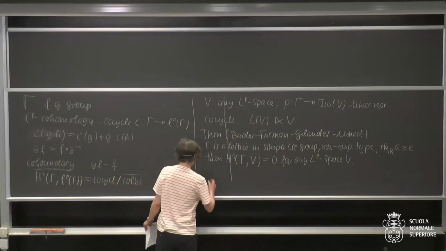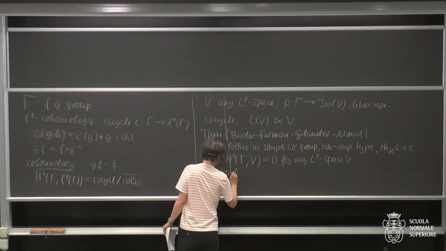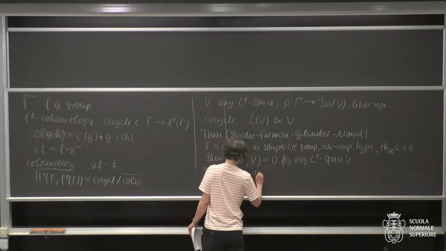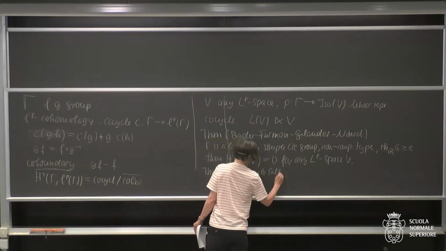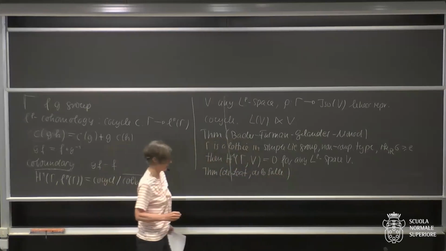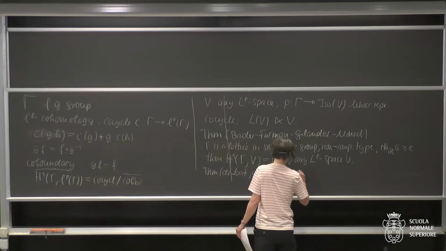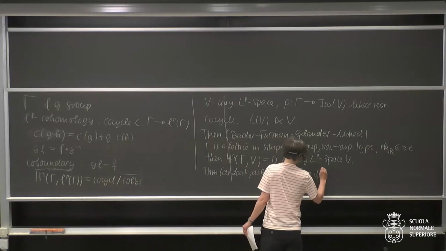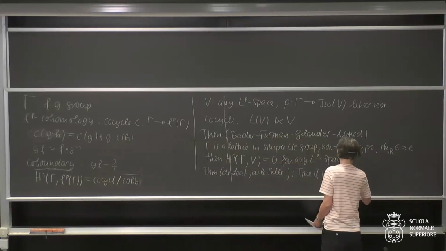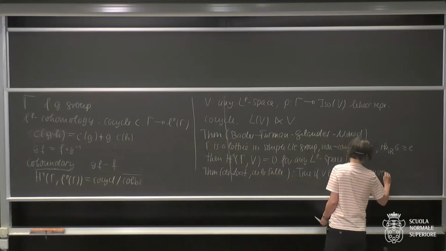And this was strengthened by Delade and de la Salle. This is actually very recent. This preprint came out this year, and they showed that this is even true if V is any so-called uniformly convex Banach space.